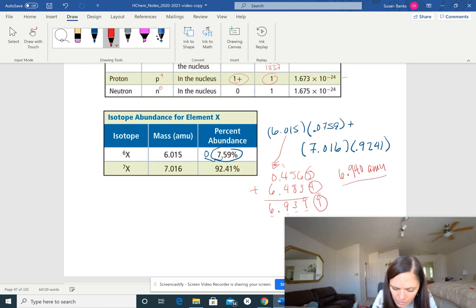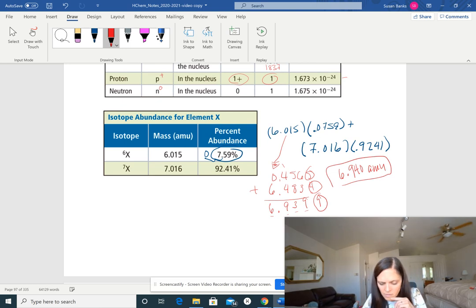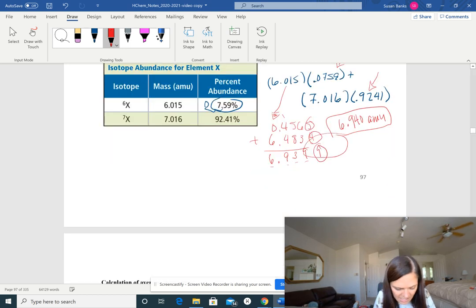Okay. AMUs, by the way, are atomic mass units. All right. So that is how you find a weighted average. Take the percentage in a decimal, multiply it by the mass and add those all up. Make sure you pay attention to sig figs.